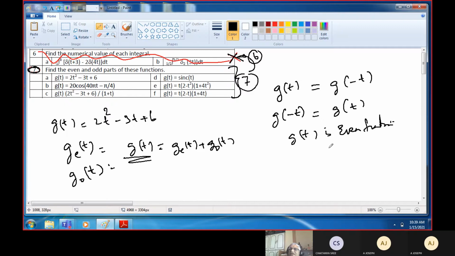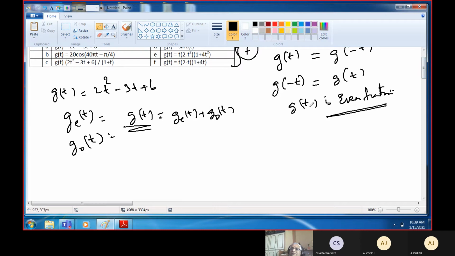What is the property of an even function? Even if you make the parameter negative, changing t to minus t, the function remains the same. The function does not change its value or its expression. One simple example of an even function is g of t equal to t square.